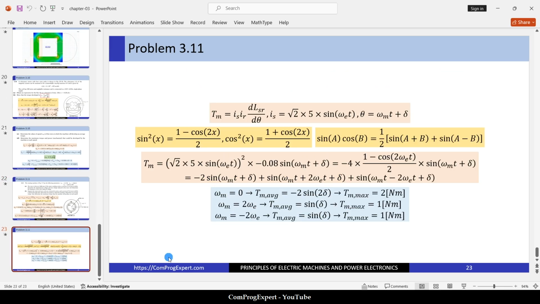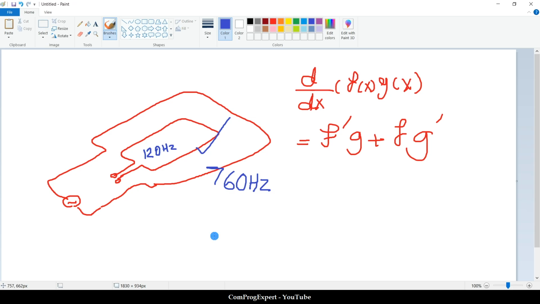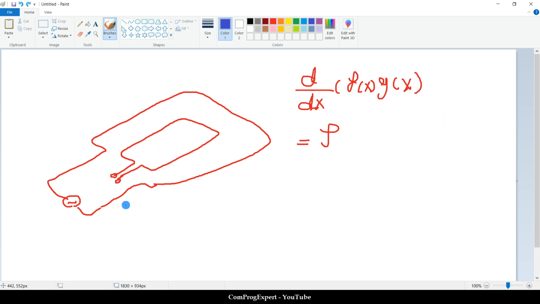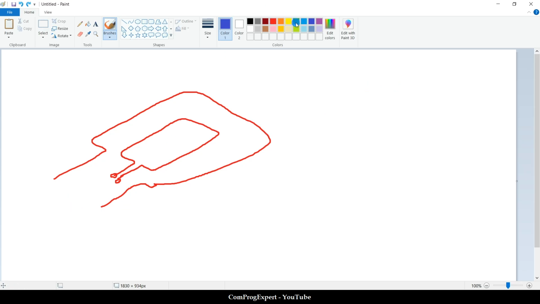So in part B, the situation is different. We are going to force a current for the rotor coil. In this case, we are going to connect the rotor in series with the stator, using this current source.